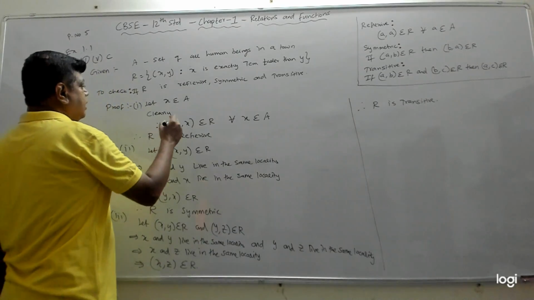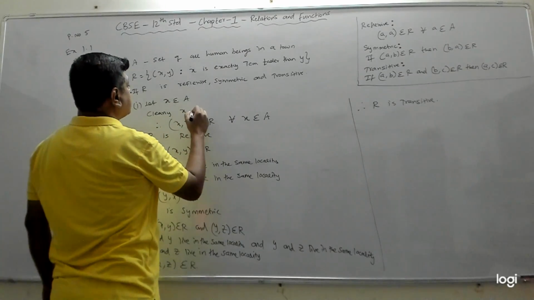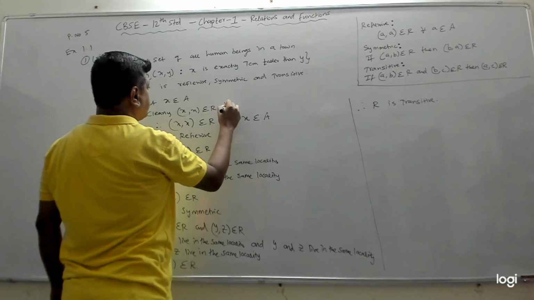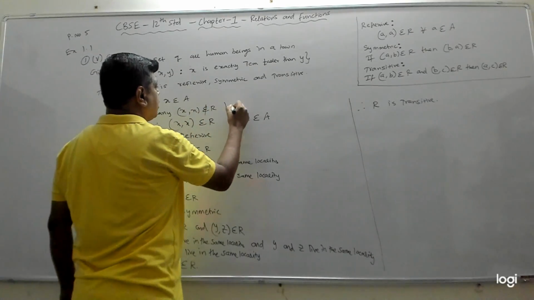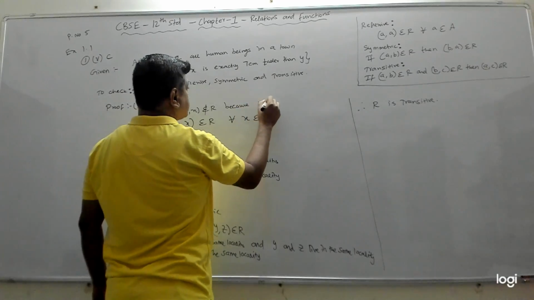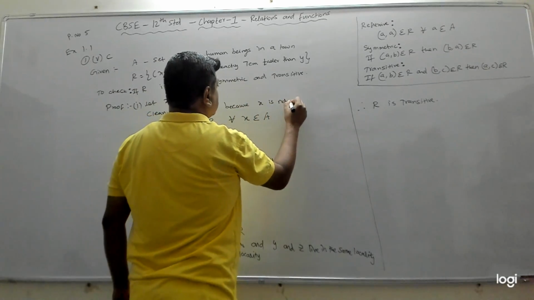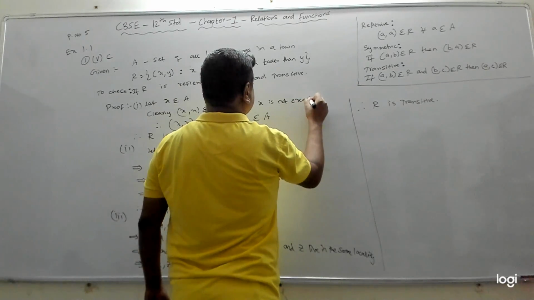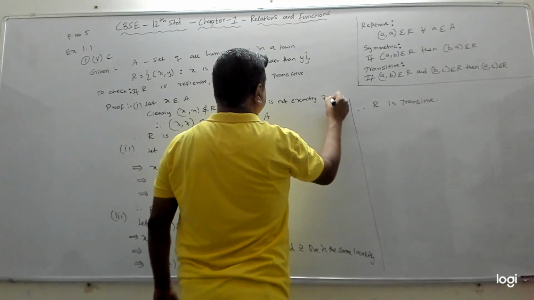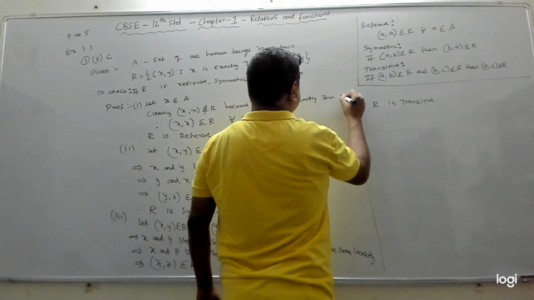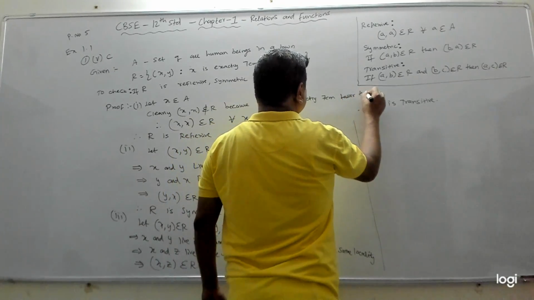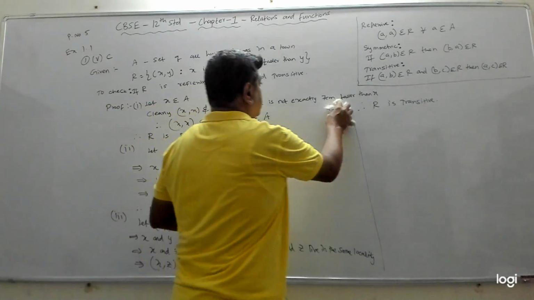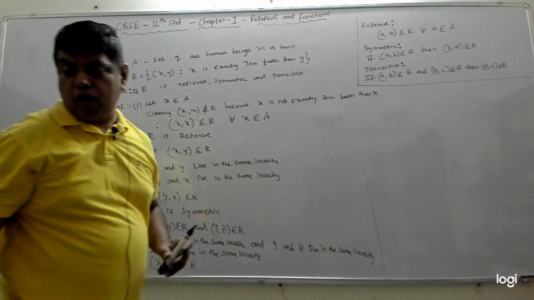So clearly x comma x does not belong to R, because x is not exactly 7 centimeter taller than x.